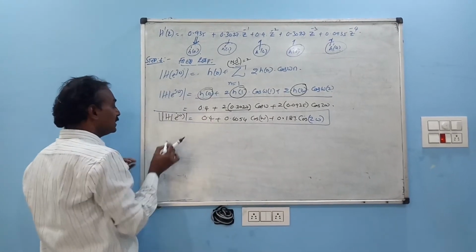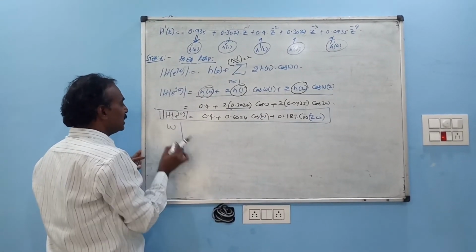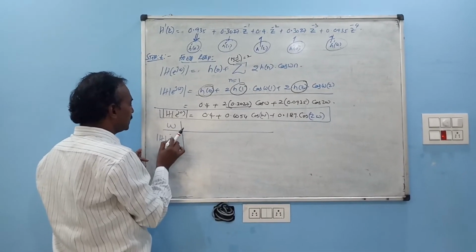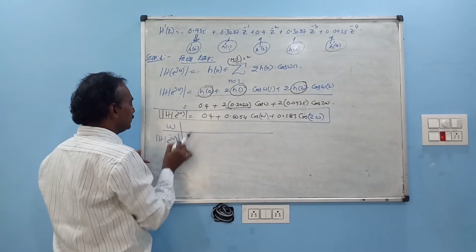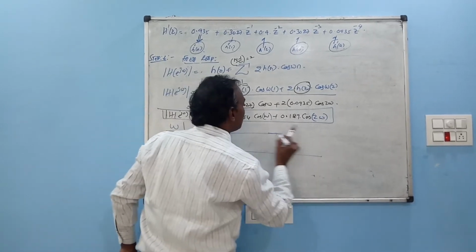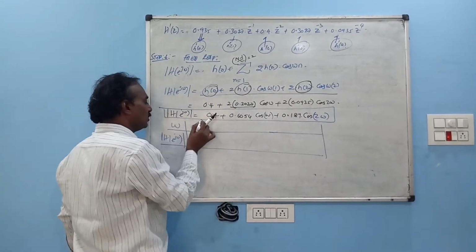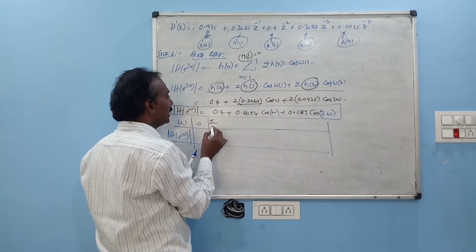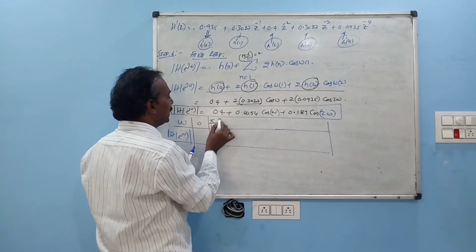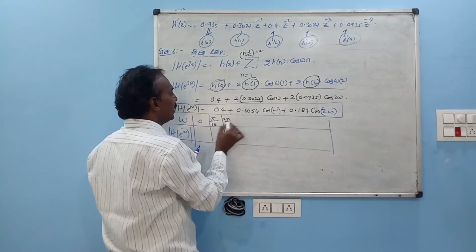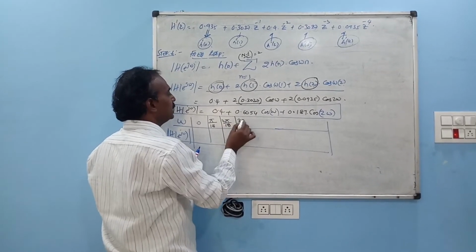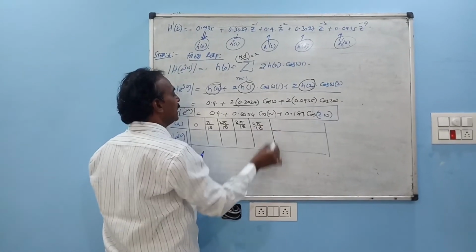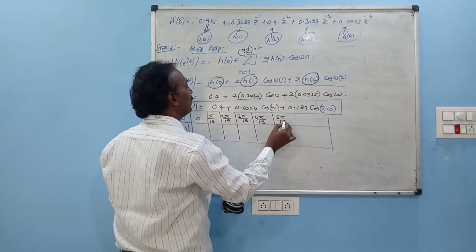Now I want to plot this graph. How to plot this graph now? Let me take omega and let me write modulus of h of e power j omega. Now let me take some values and plot, suppose 0, our wish values, pi by 18, 2 pi by 18, 3 pi by 18, 4 pi by 18, 5 pi by 18, right?